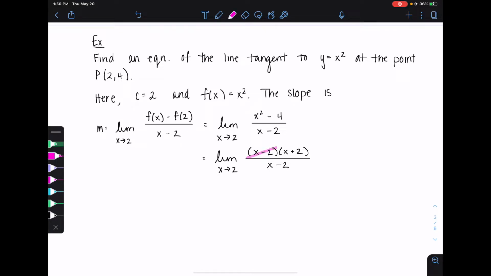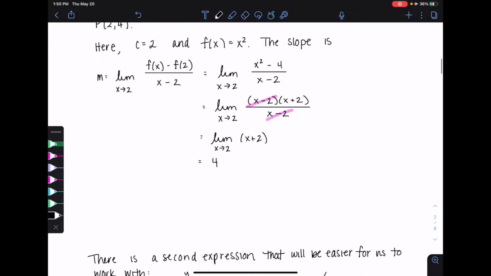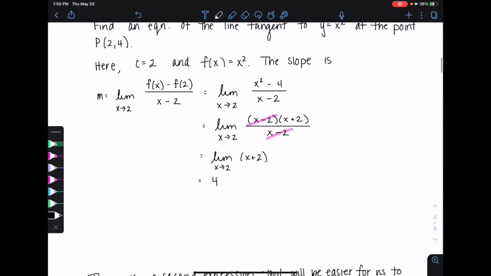With some cancellation, this gives us the limit as x approaches 2 of x plus 2. And no problems plugging that in now, we get 2 plus 2 or 4. So ultimately, my line passes through (2, 4) and has slope 4.